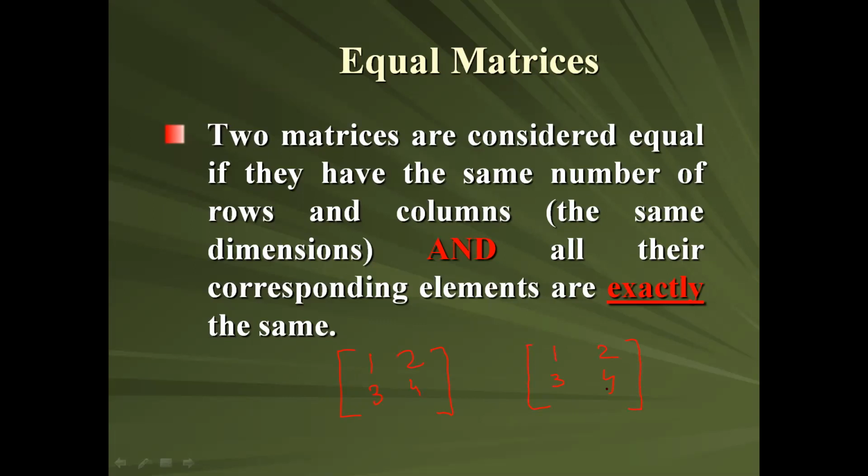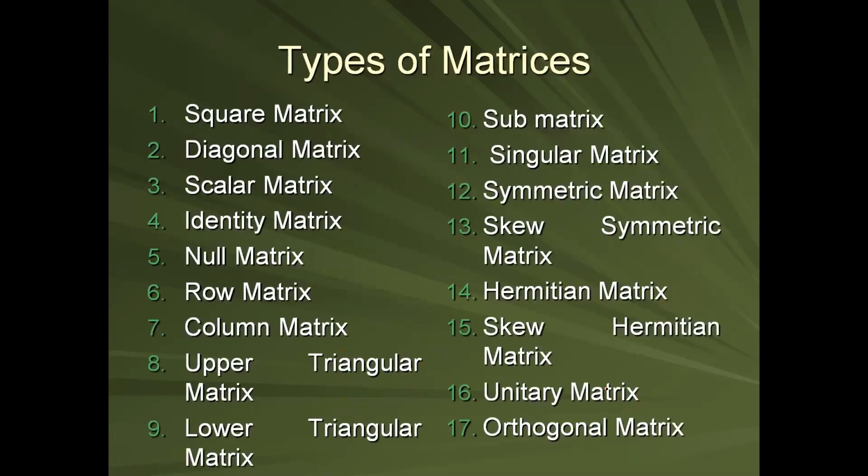Now I'm going to the next slide. See, these are the different matrices you will learn in this unit. So today we are going to see what is a square matrix, diagonal matrix, scalar matrix, identity matrix, all these matrices. In total there are more than 17 matrices, different types of matrices, but we have to learn these 17 matrices.